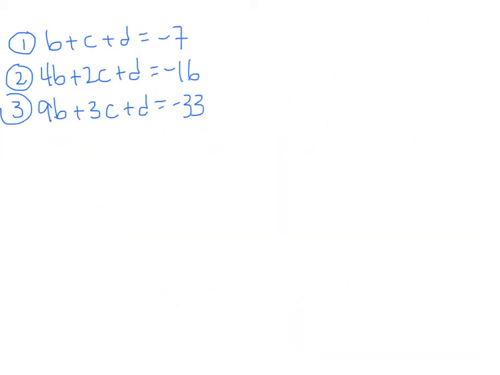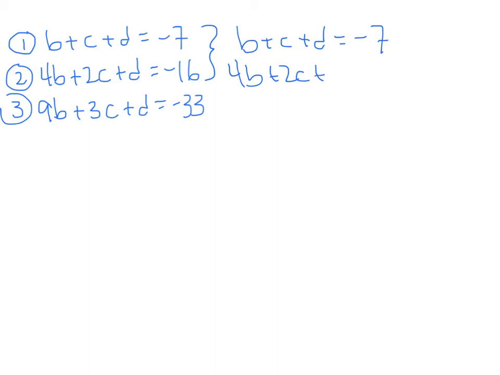So I've rewritten my 3 different equations on this slide, and as I did it before, I've labeled them 1, 2, and 3. Again, I really think that will help as we start moving forward. So I'm actually going to now just work with equations 1 and 2. So I'm going to line those 2 equations up, and just like we did with the quadratic sequences, I'm going to use the elimination method to eliminate one of the variables.